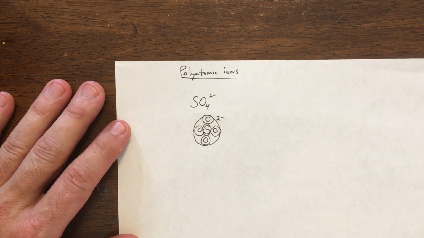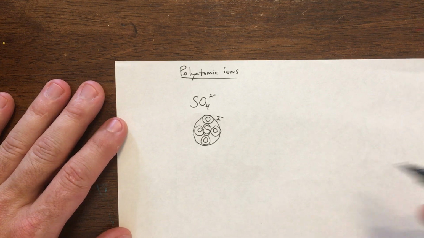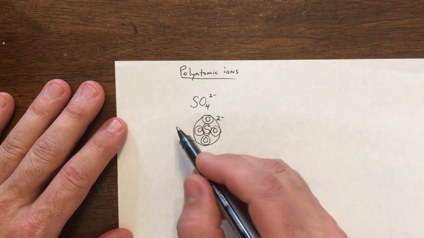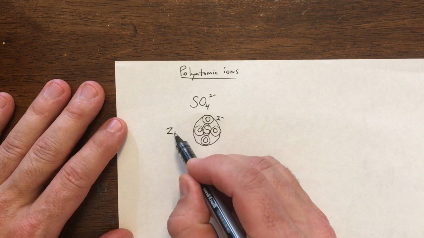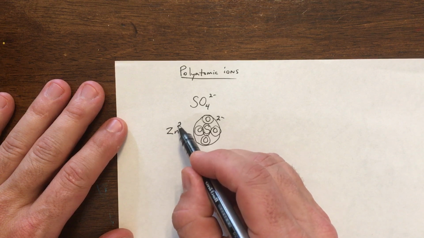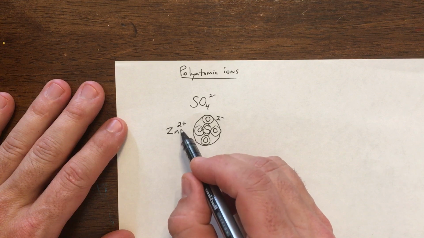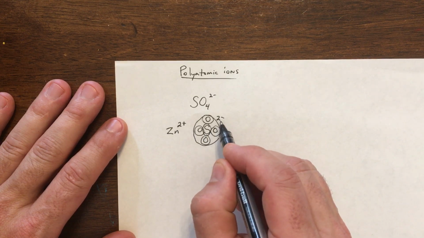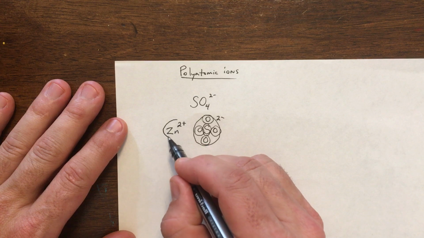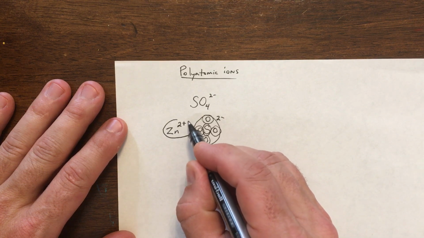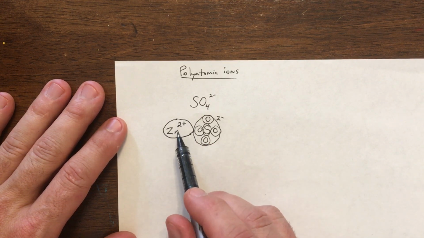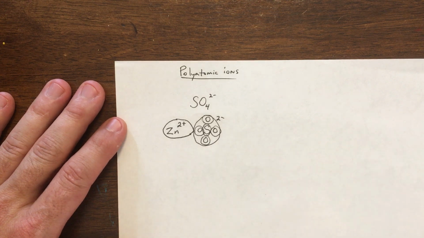Why did it gain 2 electrons? If I put it with, say, a zinc atom, zinc tends to give 2 electrons away and become 2+. Those 2 electrons that zinc had end up on the sulfate, and zinc, being that it lost those 2, is 2+. So you could form a compound we call zinc sulfate.